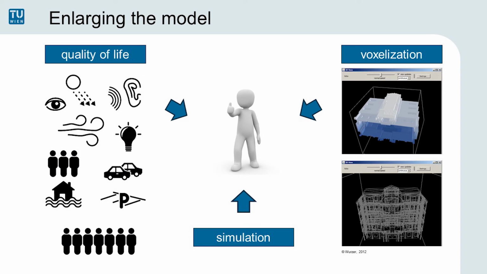But how can the simulation reach this point, since speed is an important issue? As a first step, we suggest voxelization. Voxelization means that agent-based simulation is carried out in a discrete world. In this way, additional information can easily be stored in each voxel.